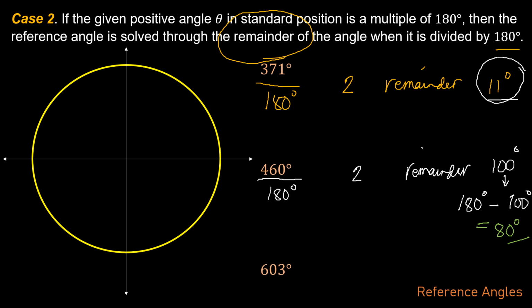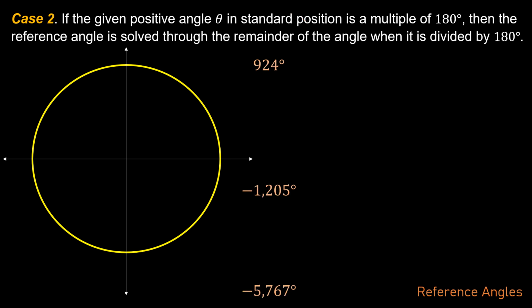Okay? Now, 603 degrees divided by 180 degrees will give you a quotient that is 3 with a remainder of 63 degrees. At itong remainder na 63 degrees is less than 90 degrees. It's already the acute angle. So ito na ang reference angle. Next, we have 924.